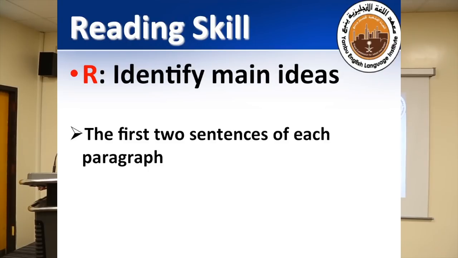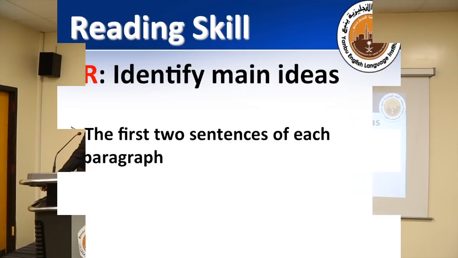When you read a passage, you have to read the first 2 sentences of each paragraph carefully, because most of the time the main ideas are presented there. But it's not necessarily so. Sometimes main ideas are given in the middle or at the end of the paragraph. Therefore, you should read the first 2 sentences of each paragraph carefully, because they can help you identify the main ideas.